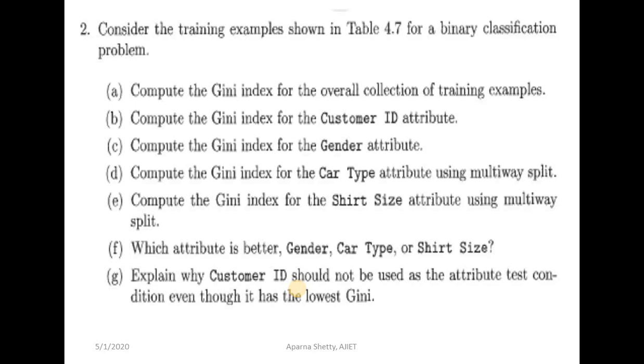But as I told, the number of records in each split is very small, and you cannot predict anything with so small a number of records. That is why customer ID should not be used as the attribute test condition even though it has the lowest Gini. Now we will try to solve this problem, taking each question and solving it one by one.